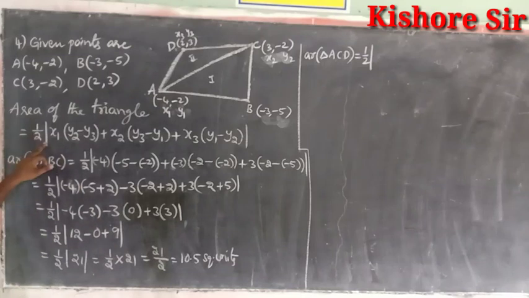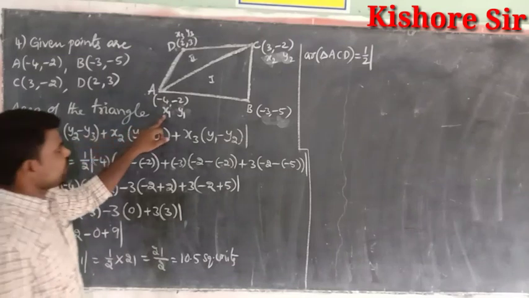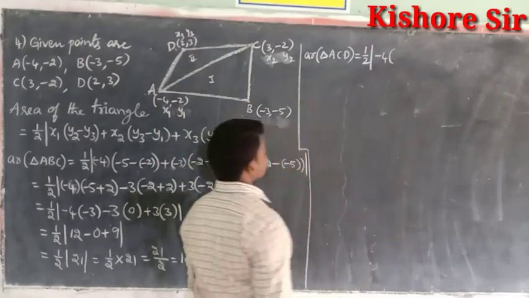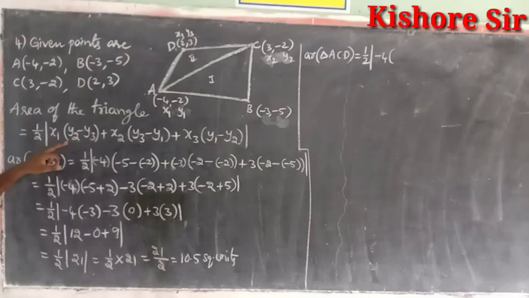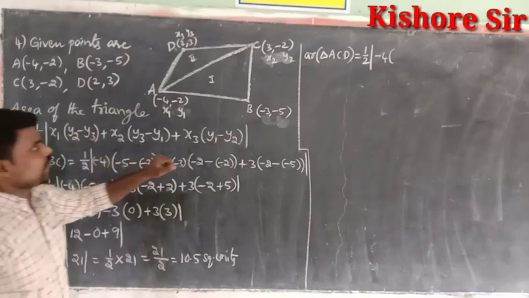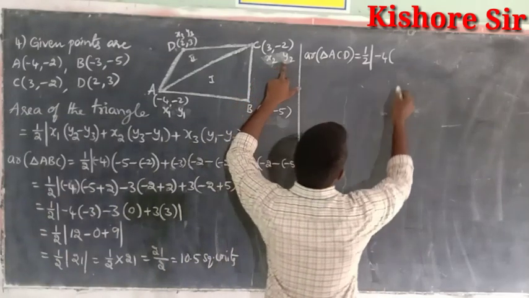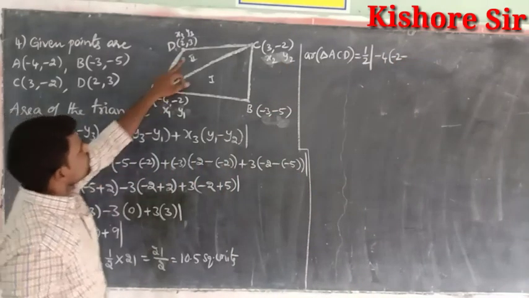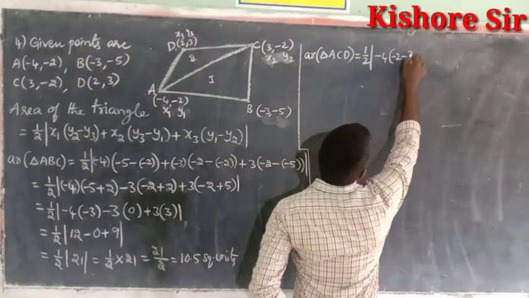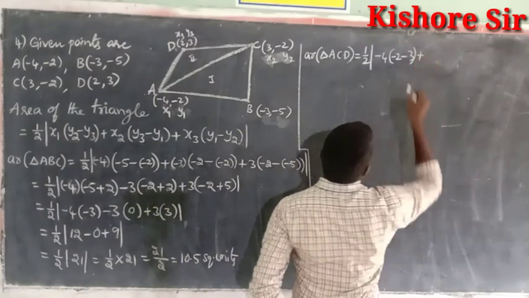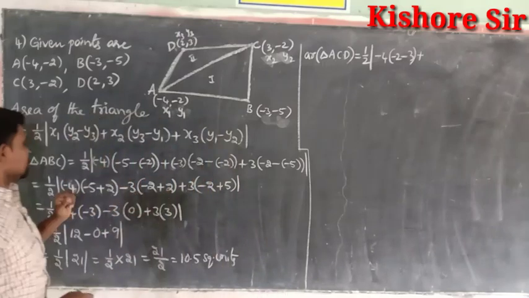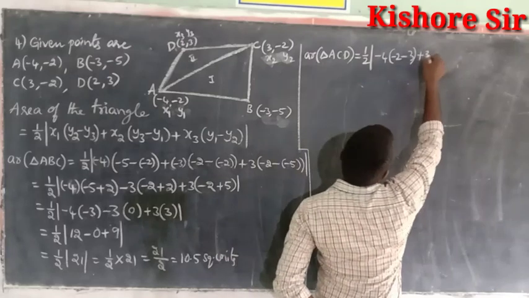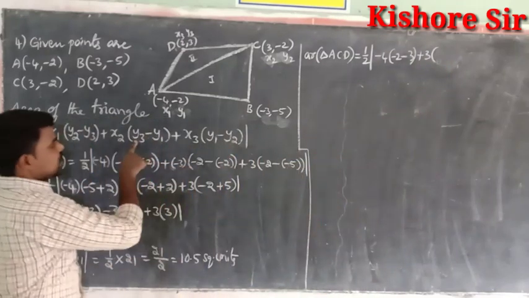Now 1 by 2 modulus x1, the value of x1 is minus 4. Minus 4 into y2 minus y3, the value of y2 is minus 2 minus y3, y3 value 3, plus x2, x2 value 3, 3 into y3 minus y1.